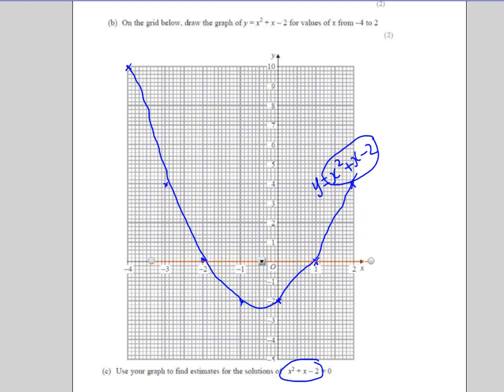There you go. So when y equals 0, that's where x squared plus x minus 2 is equal to 0. So what are the values of x? Minus 2 and 1. So all you need to do is say that x equals minus 2 or 1. That's the solution.